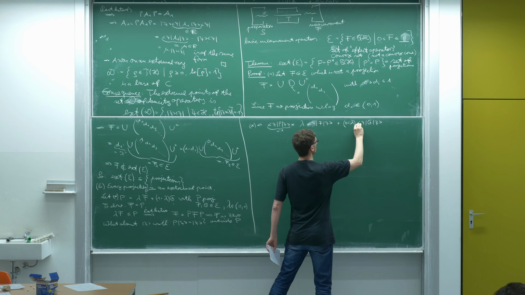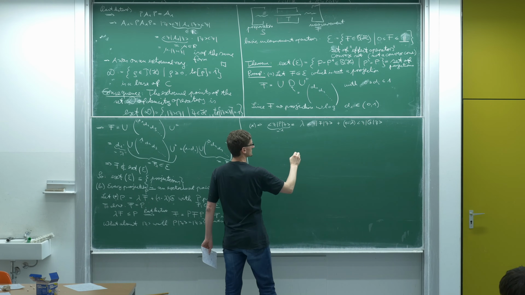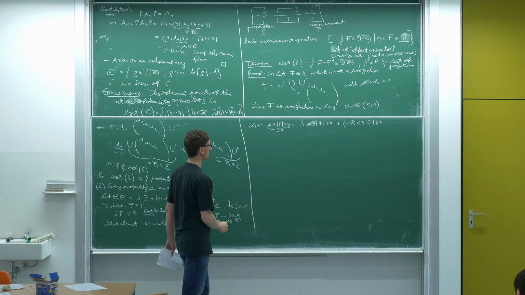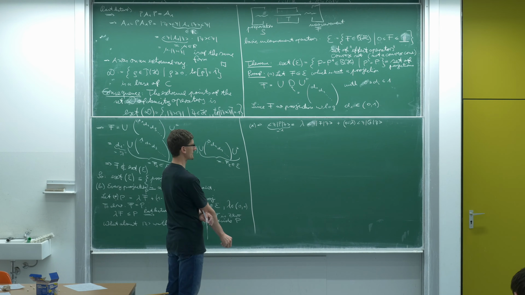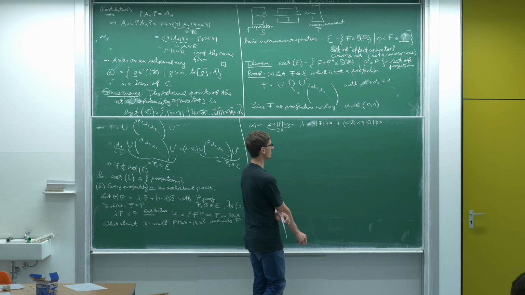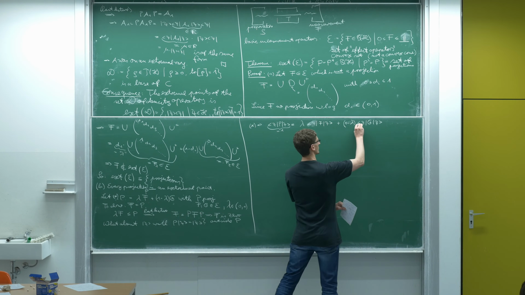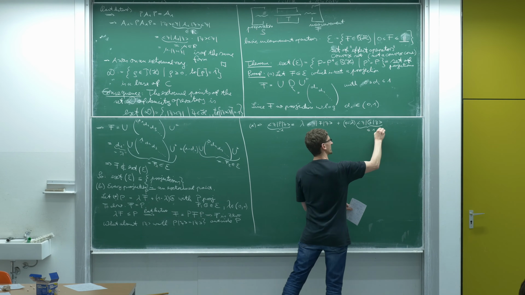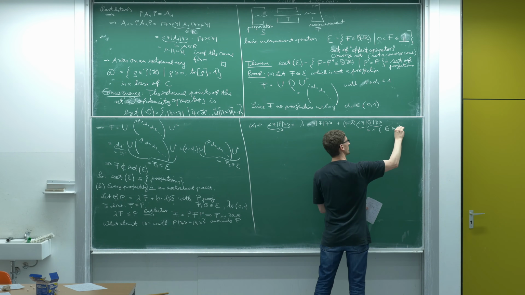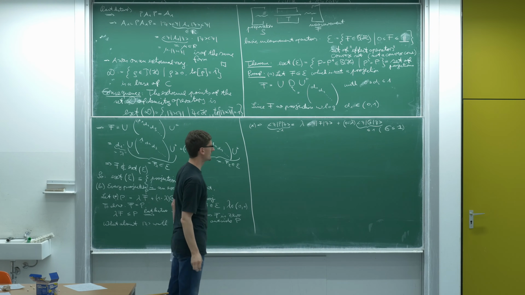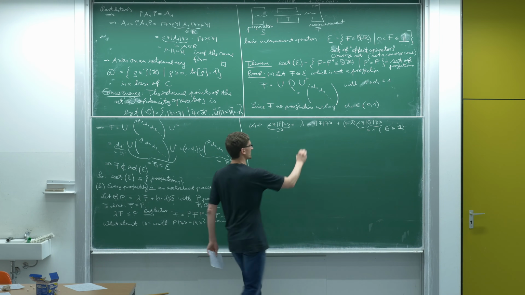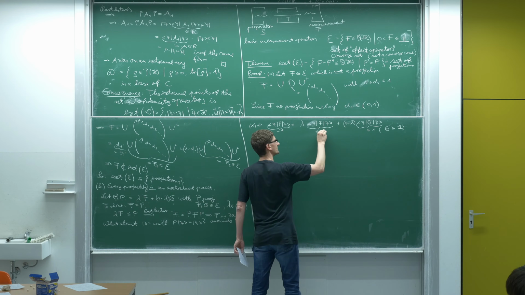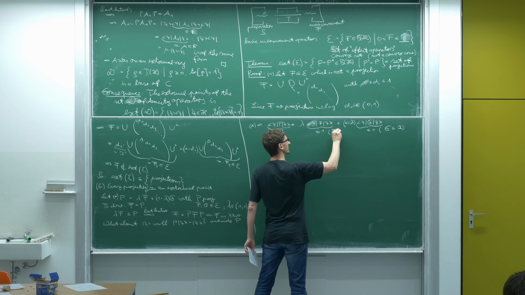This here is smaller than 1 because, of course, G is smaller than the identity. And this here is also smaller or equal than 1 for the same reason, because F is smaller or equal than the identity.